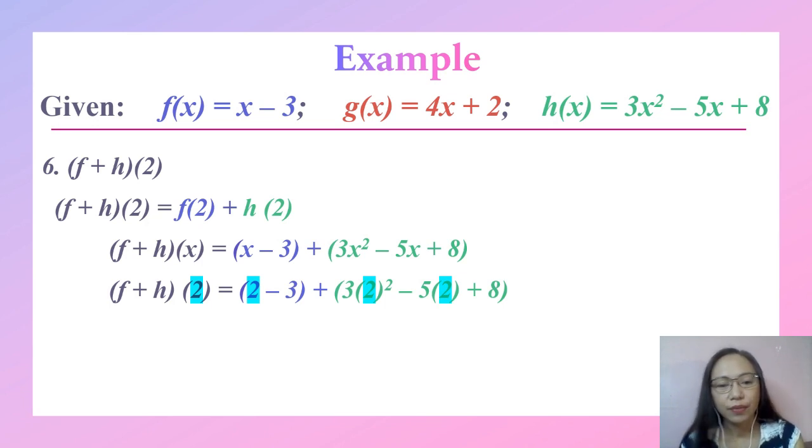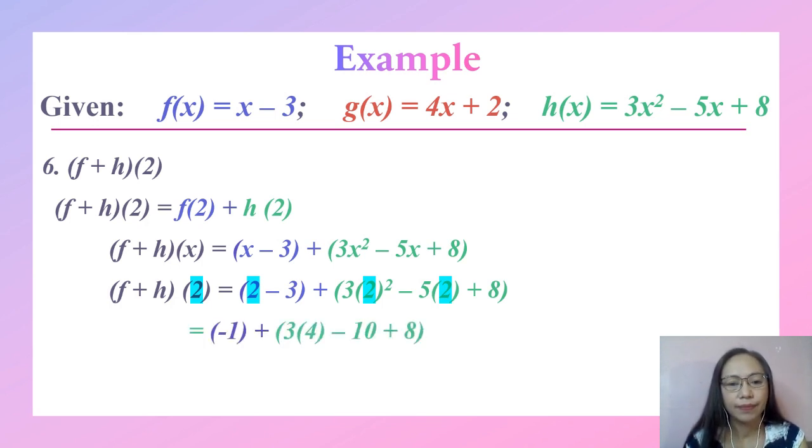And then we will work on the operations. We have 2 minus 3 here. We have negative 1. And then for the next term, we'll start with this exponent. 2 squared here is 4. So you have there 3, and then 2 squared is 4. And the negative 5 times 2, you have negative 10. And we bring down 8.